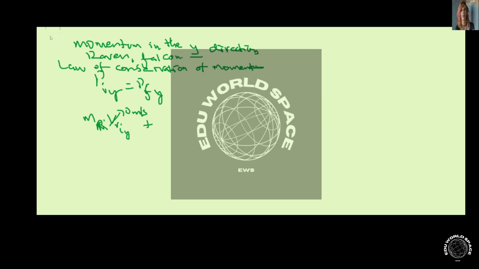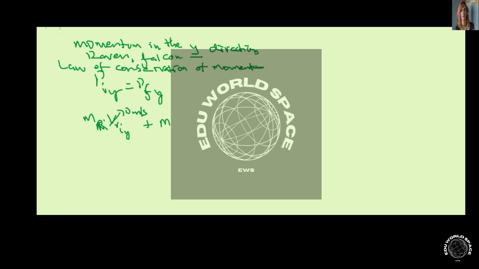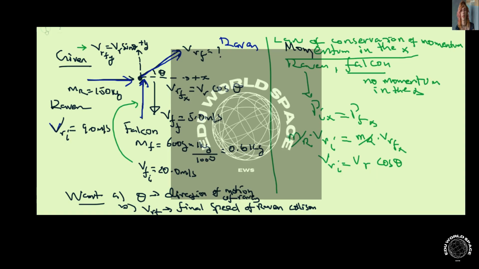And then plus, we also have the Falcon, the mass of the Falcon times the initial velocity of the Falcon in the y direction. We're calling it Vf i, but strictly speaking, this should have been y in the y direction.